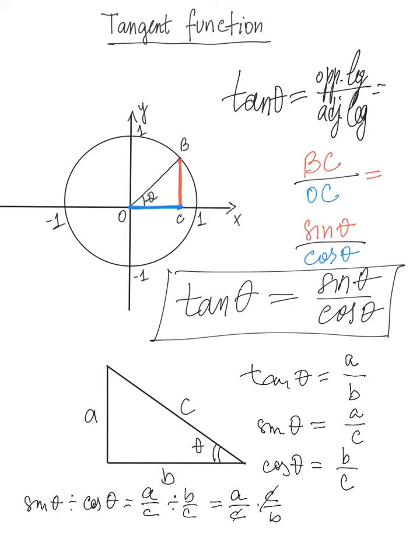So C cancels, and we end up with A over B, which is tangent. So there's nothing surprising here, really.